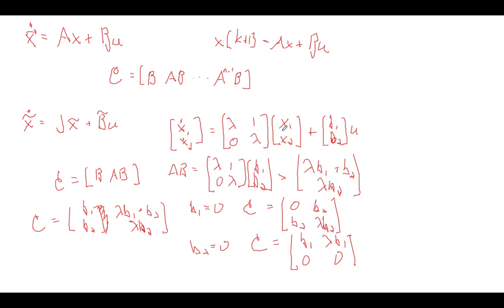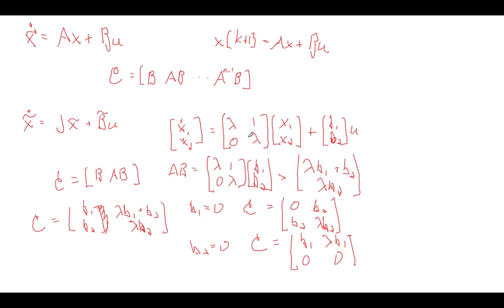So let's go back up to our Jordan form and look at the structure of it and see physically what that means. If we think about our ability to control state 1 and state 2, we're really talking about our ability to sort of control its evolution. So we're talking about our ability to influence x1 dot and x2 dot. If we can push x1 in a direction that we like, that means we have control over it. If we can push x2 in a direction we like, we have control over it.